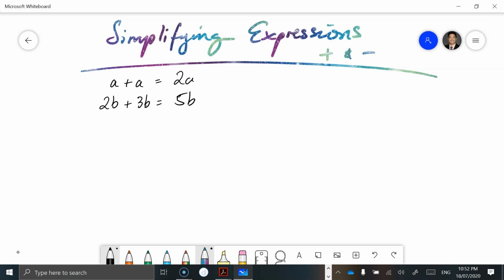If you have 6 carrots, take away 2 carrots, you're going to get 4 carrots. If you have minus 7 degrees, and you take away another 3 degrees, you're going to have minus 10 degrees. So the adding and subtracting, whether positive or negative, that's fine.